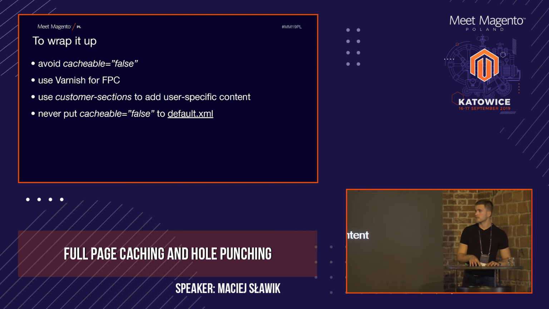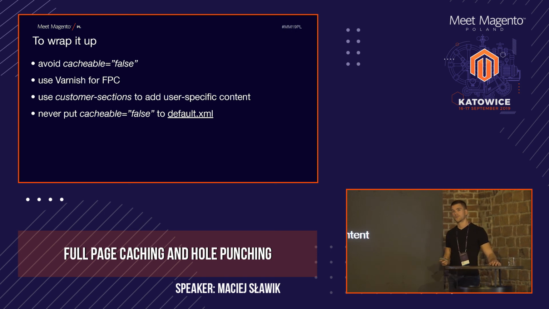And this might actually break your site if you by mistake add a block that is cacheable false and make a deploy to production. When you have a peak, your application server might not be able to cope with the traffic. And use Varnish for full page cache instead of Redis or files, because it's much faster.